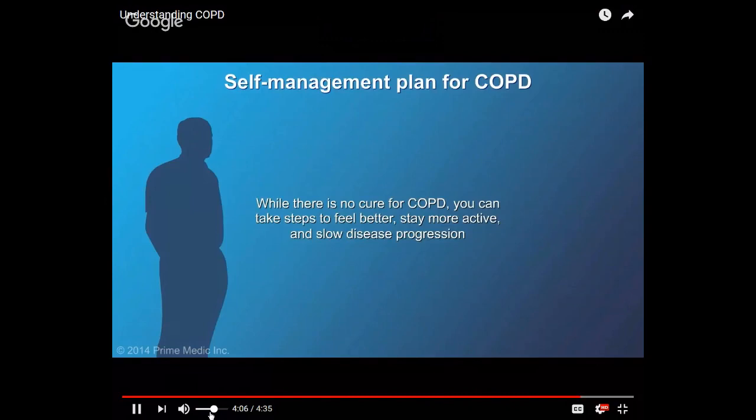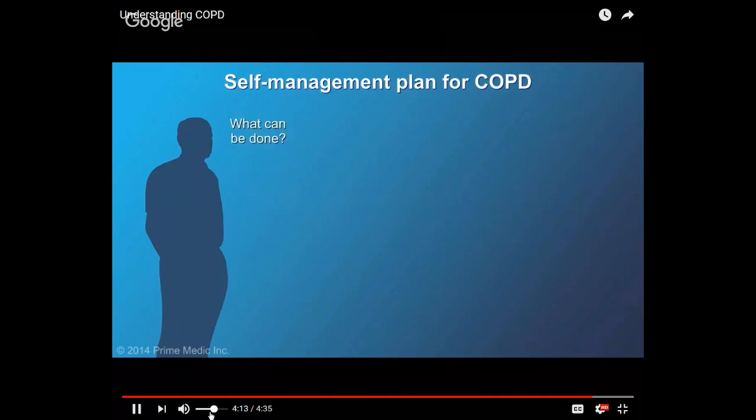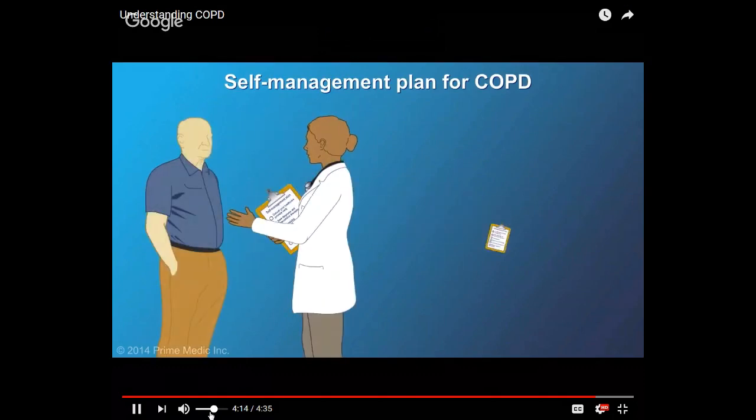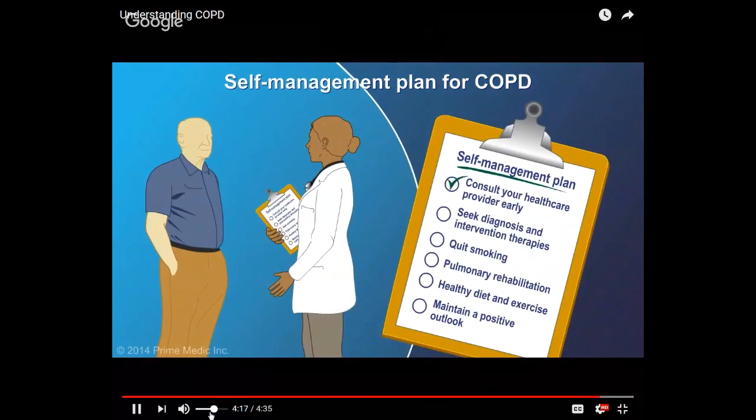While there is no cure for COPD, you can take steps to feel better, stay more active, and slow disease progression. COPD can be managed by consulting early with your healthcare provider, seeking diagnosis and intervention therapies, and adopting lifestyle changes that include quitting smoking, pulmonary rehabilitation, healthy eating and exercise, and maintaining a positive outlook.